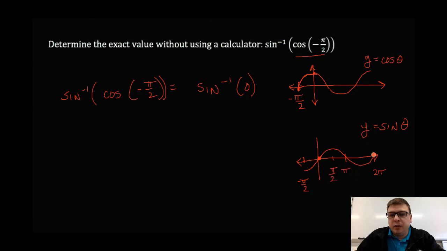Pi divided by 2, and then lastly 3 pi divided by 2. Now, inverses, remember that for sine, and we did this part in class, its inverse only exists here and here. So the inverse is going to exist in this interval only.